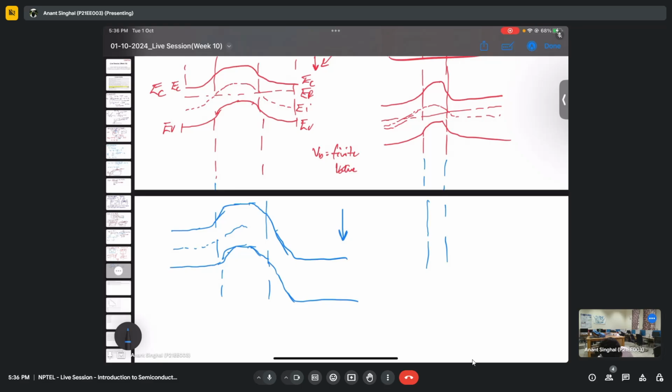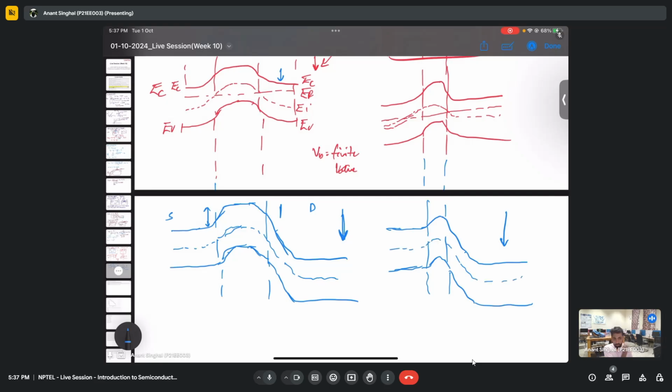Now, if I do the same thing to a short channel device, what do you think will happen? So can I say that I have a very small hump, something like this, and we have a certain decrease? Are you able to understand these diagrams?